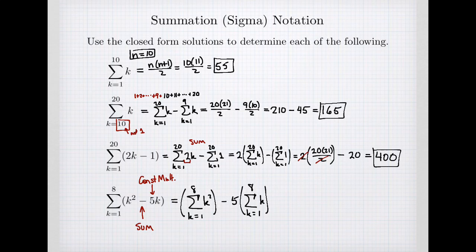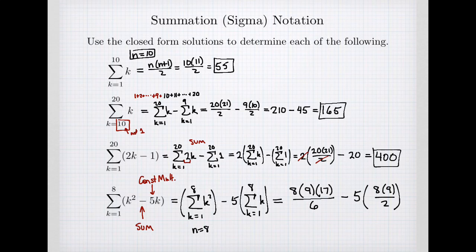Now, each of these summations has the form of our closed formulas. And k squared, when n equals 8, is n, that's 8, times n plus 1, that's 9, times 2n plus 1, that's 17, divided by 6. And the sum of k, so it's 5 times n times n plus 1, so that's 8 times 9, divided by 2.